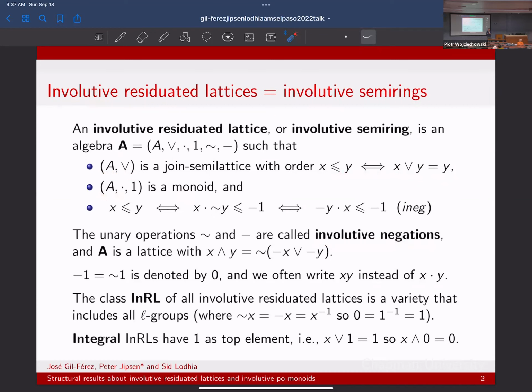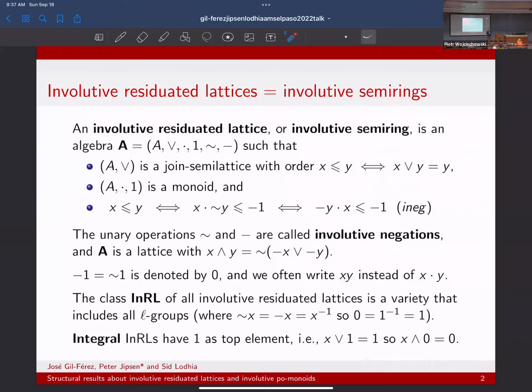So it's not quite a lattice ordered group yet, because if I said here group, then that's what it would be if it had to be order preserving. But instead we just add this axiom, which says that the order is equivalent to either one of these two conditions.